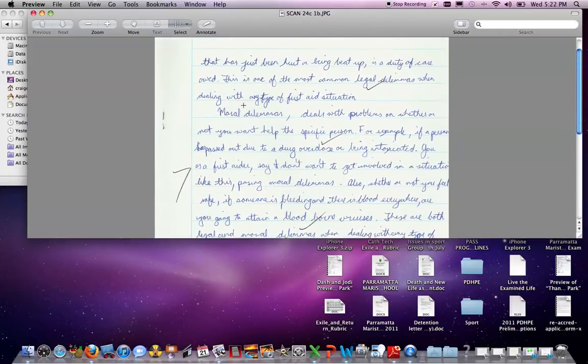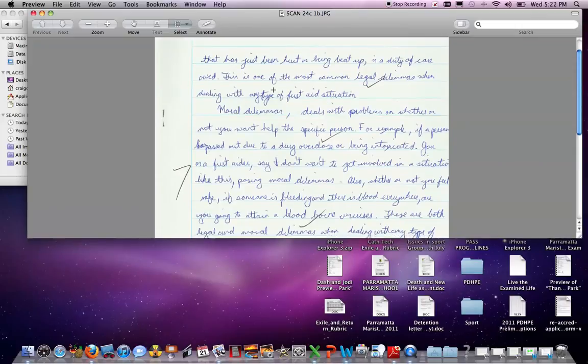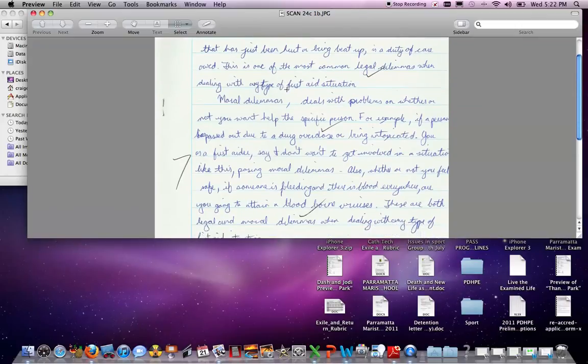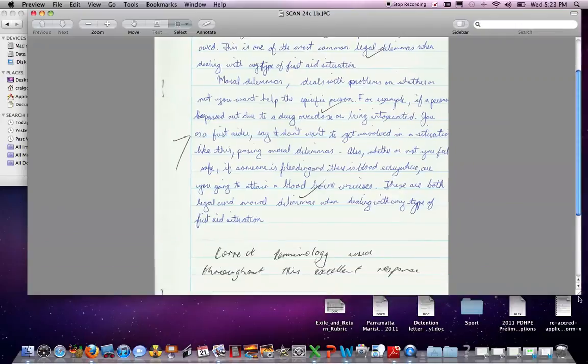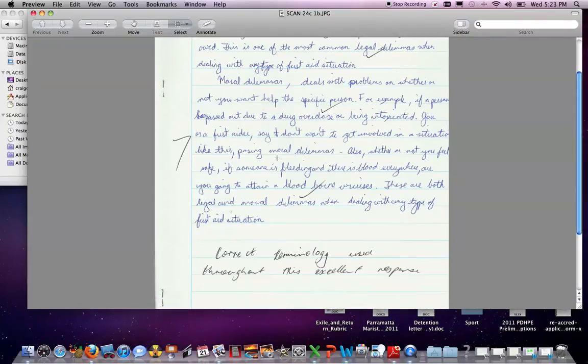Here they've completed the legal dilemmas and made good reference to that with accurate statements. Good use of correct terminology, moral dilemmas we've spoken about now, and the information regarding this section lets us understand that it's an individual thing where you will need to make that judgment based on where you stand.